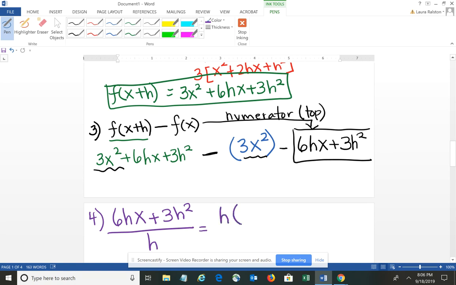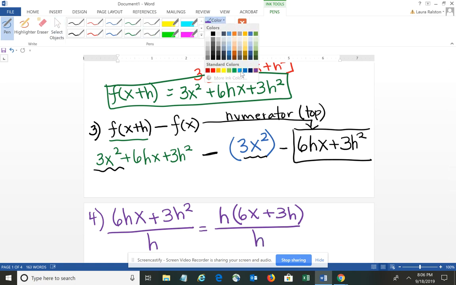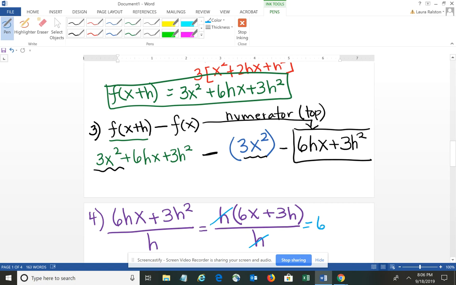So I have h times 6x plus 3h, all divided by h. I have an h in the numerator and one in the denominator, so it divides out. I'm left with 6x plus 3h, and this would be the difference quotient for the function f of x equals 3x squared.